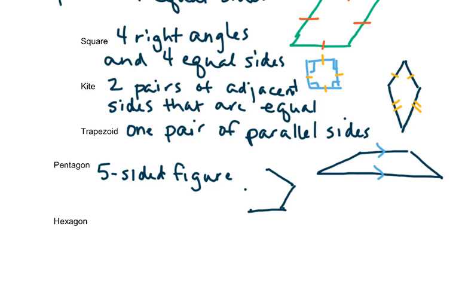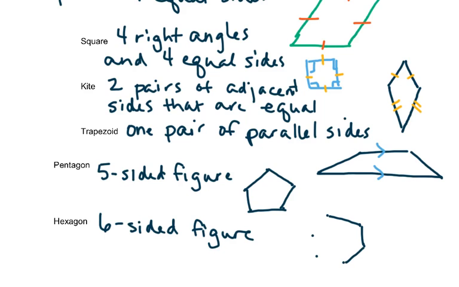That's the easiest way to draw these things, in my opinion. So there's a five-sided figure, that's a pentagon. A hexagon has six sides. So 1, 2, 3, 4, 5, 6. Connect the dots. And there's a hexagon.